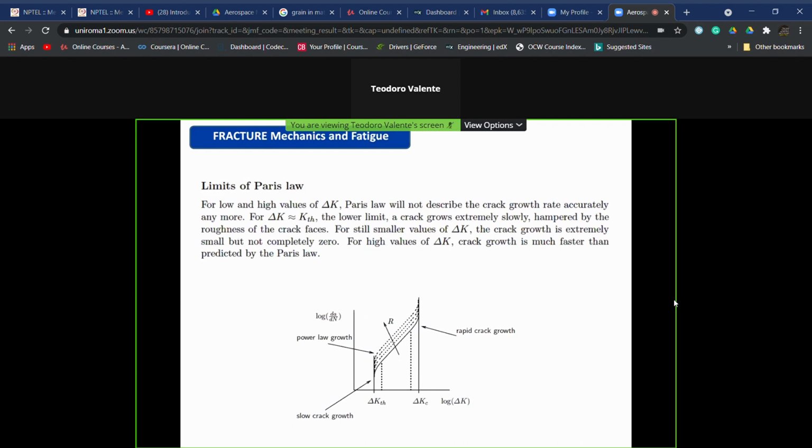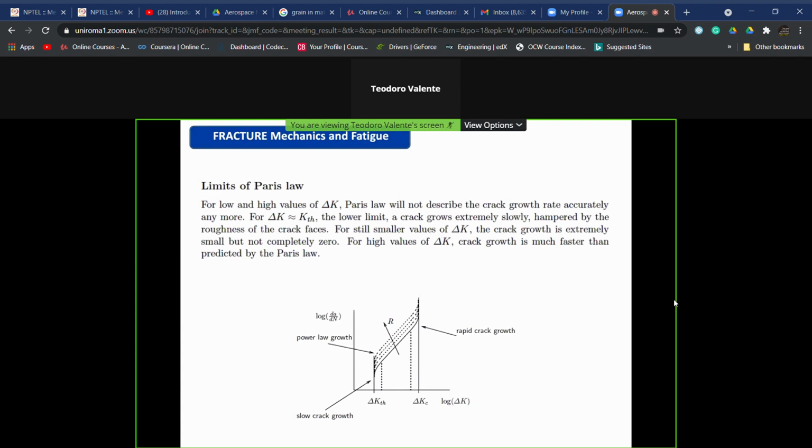It has a limit, because for low and for high values, that is, at the extremes, the law formulated by Paris is not able to describe the crack growth rate with accuracy.